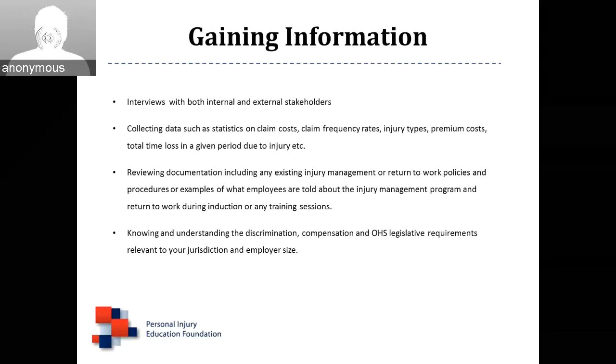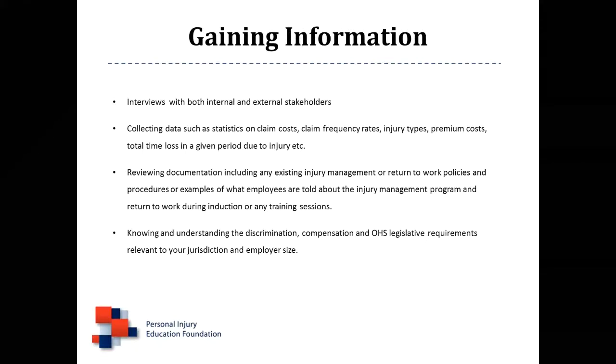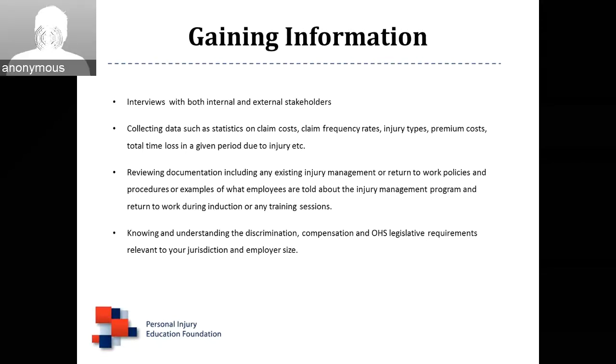Some of your external stakeholders might be any medical or rehabilitation staff that you work with quite regularly, any other service providers that you use frequently, and of course your insurer agent or injury management staff from other organisations. This is often a really good one to do if you're networking within your industry.